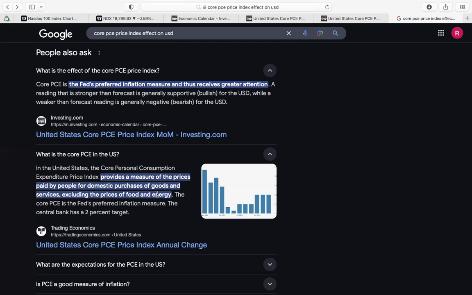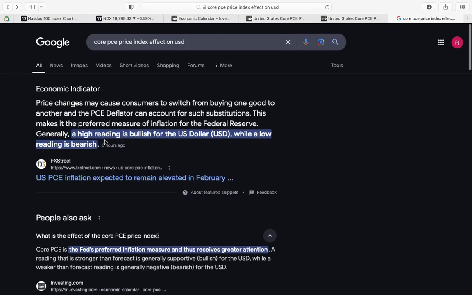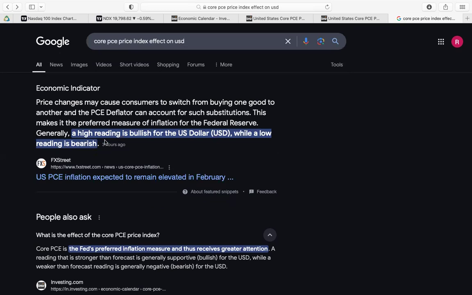So what is more important? They give us the direction, right? Reading here, it says a reading that is stronger than forecast is generally supportive for the USD, while weaker than, you understand what I'm saying? So what does this tell us? What's going to happen to gold?